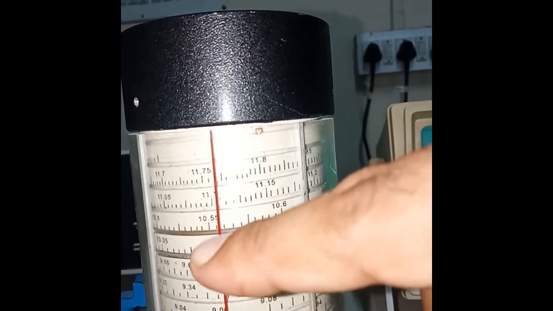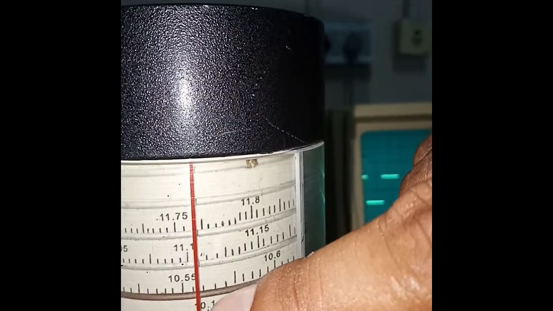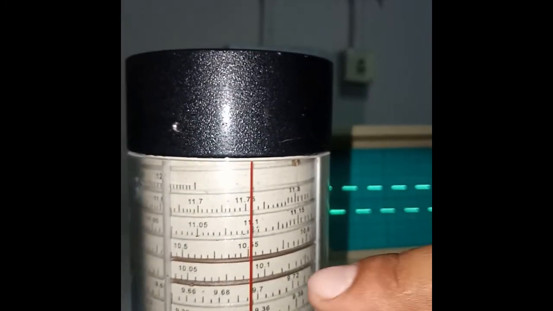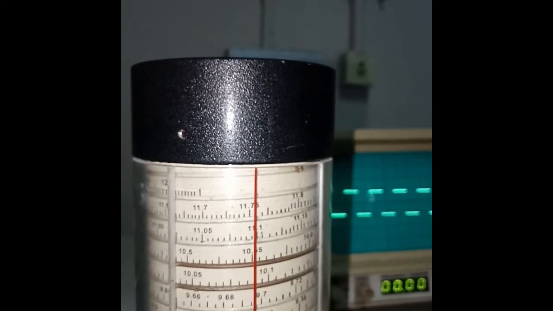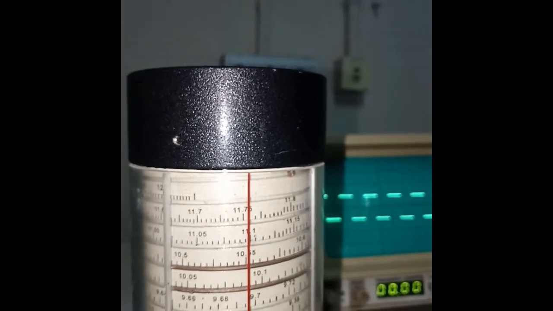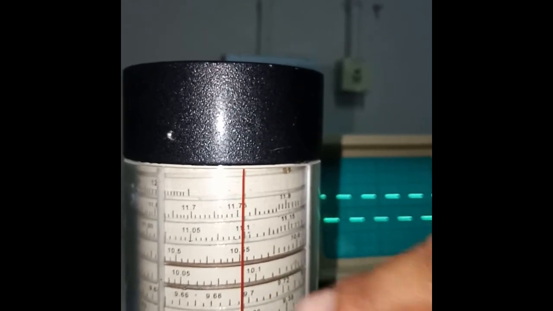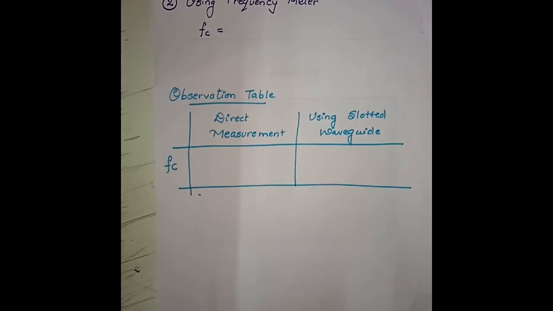We can see that it is around 10.05 and 10.09. The division is of 0.02, and this point corresponds to 10.09. So this is the frequency which we have calculated using the direct readout frequency meter.